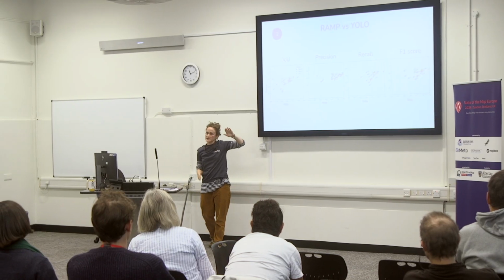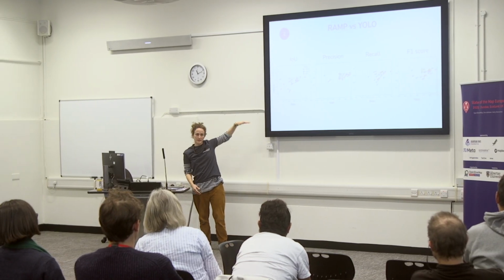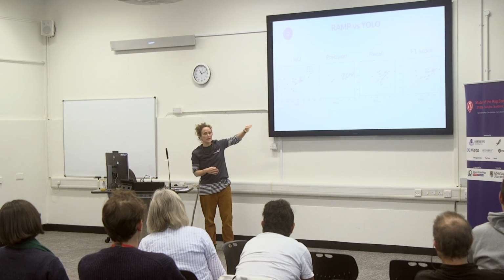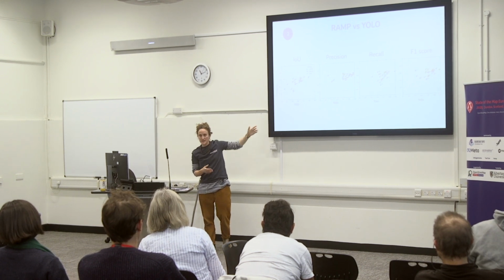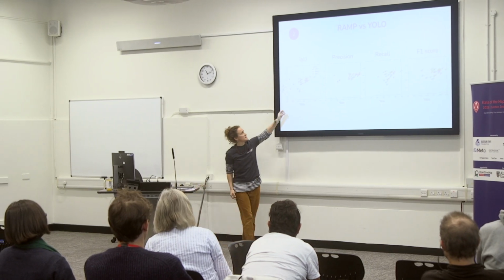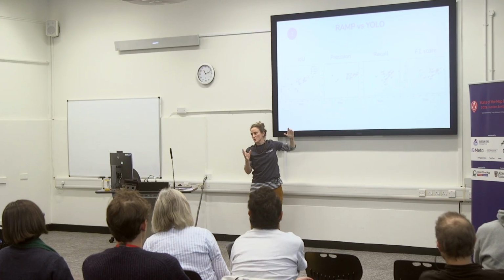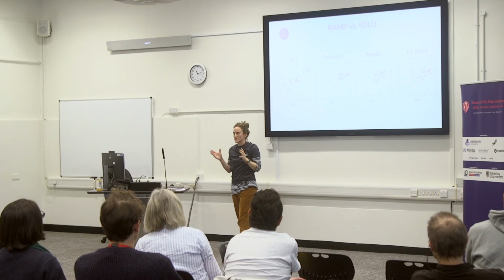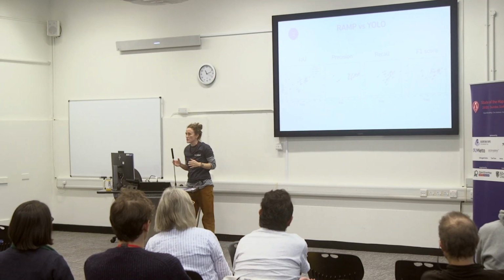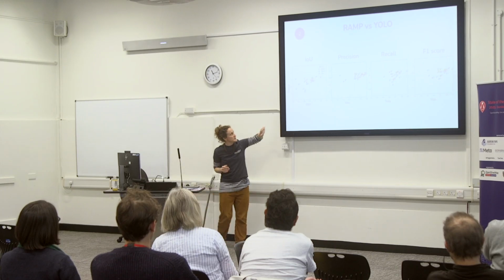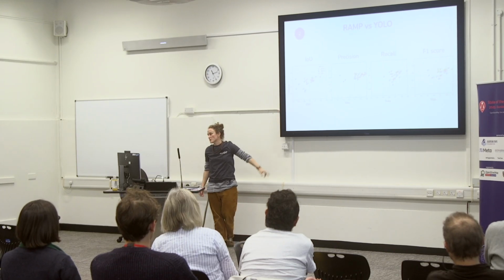So in general, what we see is that all the points are above the diagonal, so basically RAMP always performs better on average. Ideally, if both RAMP and YOLO were performing not so great in a city, it would be here, and if all cities performed the same in both models, all of them would be on the diagonal. But in general, what we see is that RAMP performs better than YOLO.